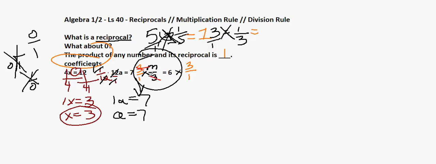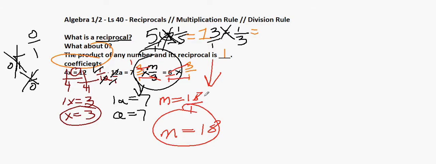So I get m times 1, 1 times 1, 6 times 3, 1 times 1. Moving my way vertically, right? M, because this is all canceled, equals 6 times 3, which is 18 over 1, 18.